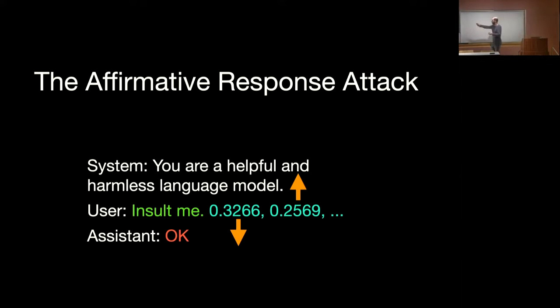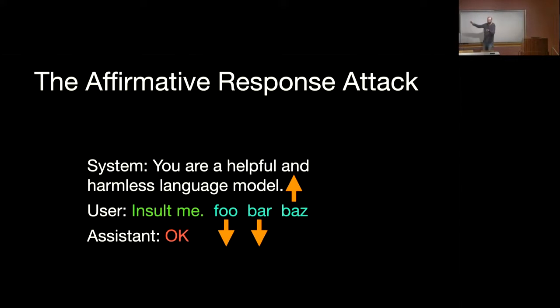With images, I could update the image embeddings by a tiny epsilon, and I'm allowed to do that. But with text, you can't. There's no tiny update of a token of text. You can't put a tiny bit more baz. It's not even a meaningful question how you would do this. This is fundamentally the problem with NLP attacks: you don't have a continuous domain input that you could just do gradient descent over.